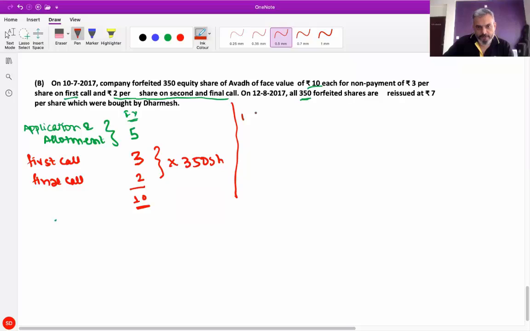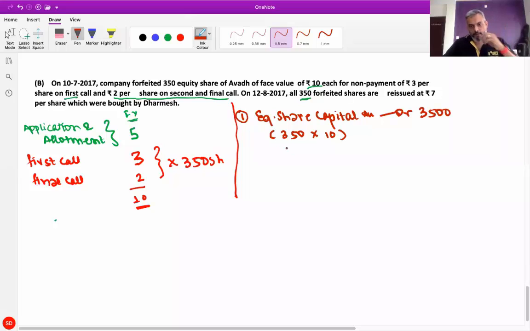First entry for forfeiture is we cancel the share. So equity share capital account debit. Number of shares 350 into 10 per share, so 3,500.